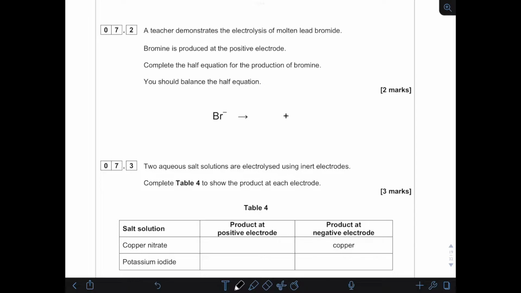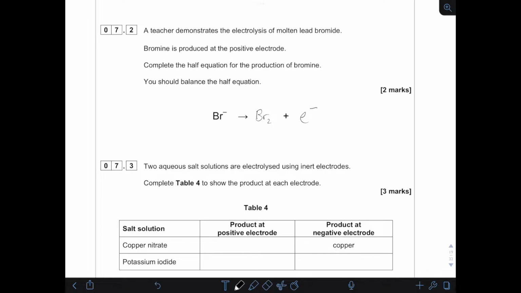So bromide anion is going to become an electron and bromine 0. And because this is a half cell equation, we know that bromine 0 has to be Br2, because that's just halogen, if I can speak properly.